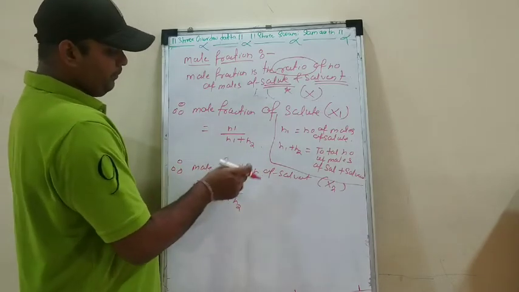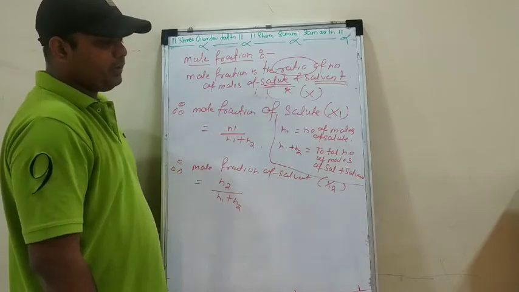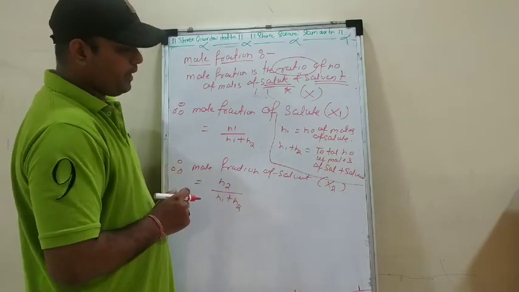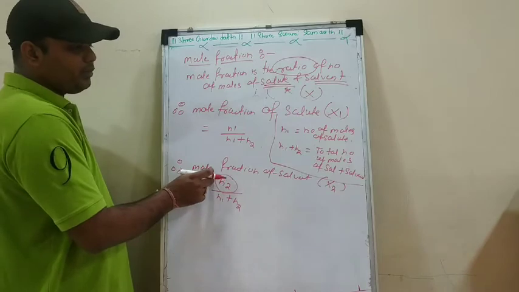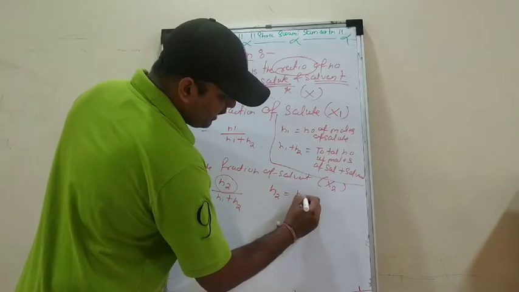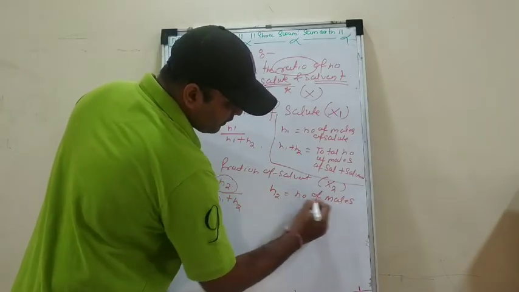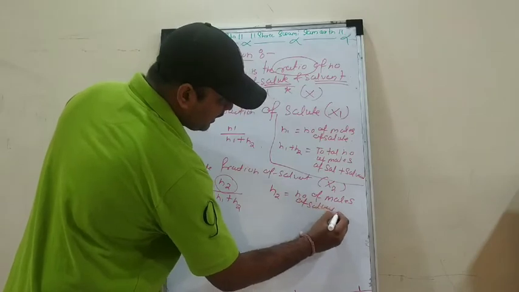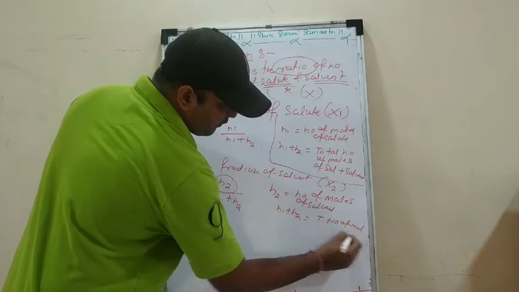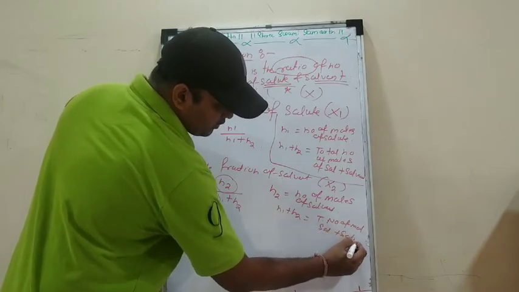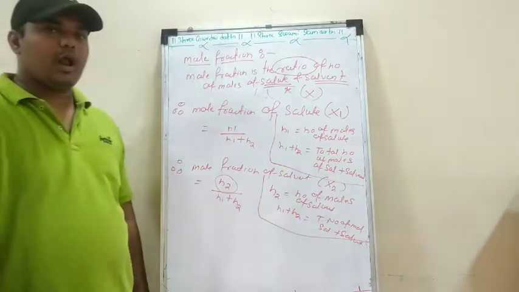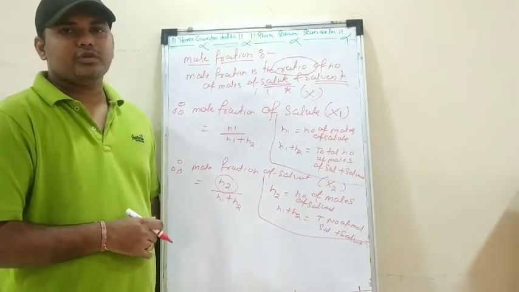Again, N1 is the number of moles of solute, and N1 plus N2 is the total number of moles of solute plus solvent. But here we have N2, which is the number of moles of solvent. I hope you have understood how to write the mole fraction of a particular solute and solvent.